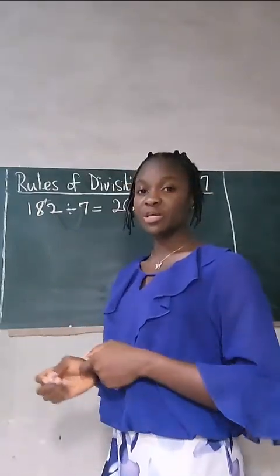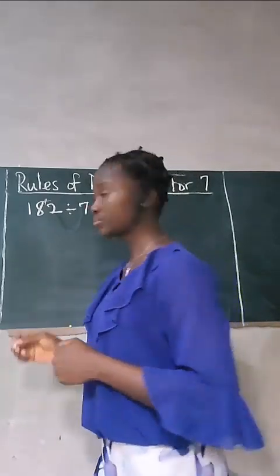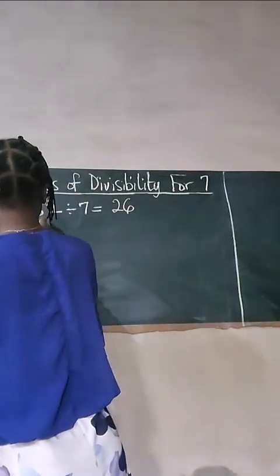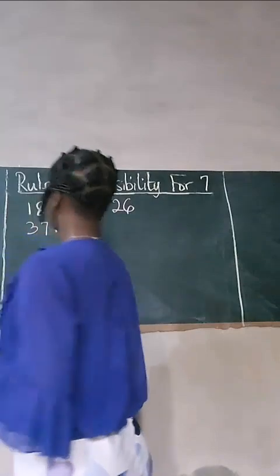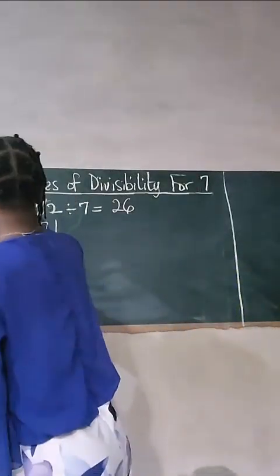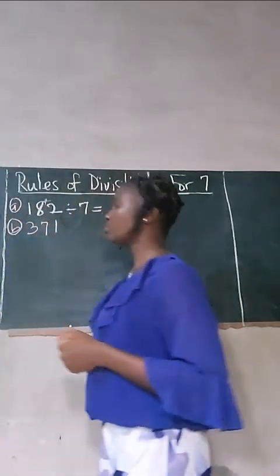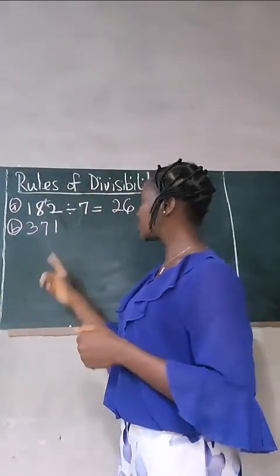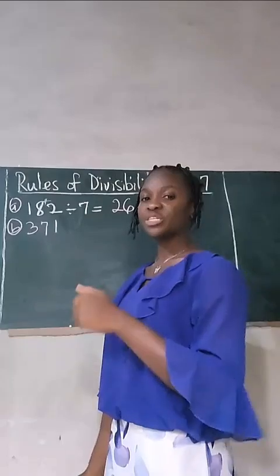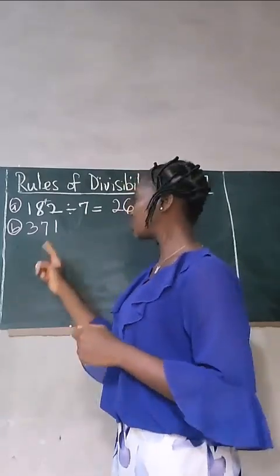Let's take another example. Now, 371. Now let's see if 371 is divisible by 7. The last digit of this number is 1.